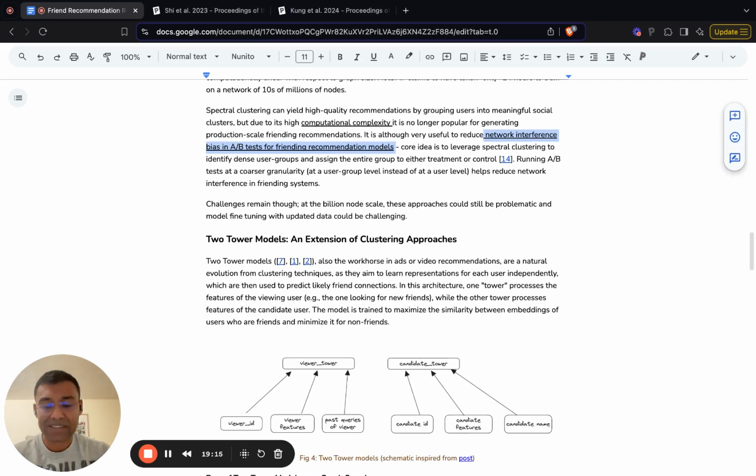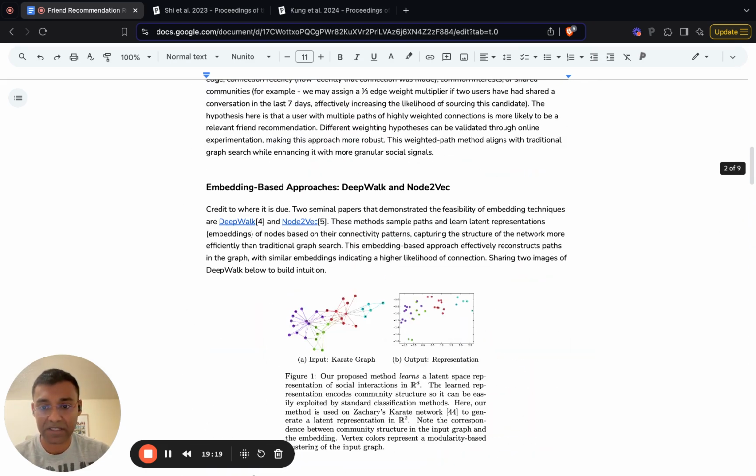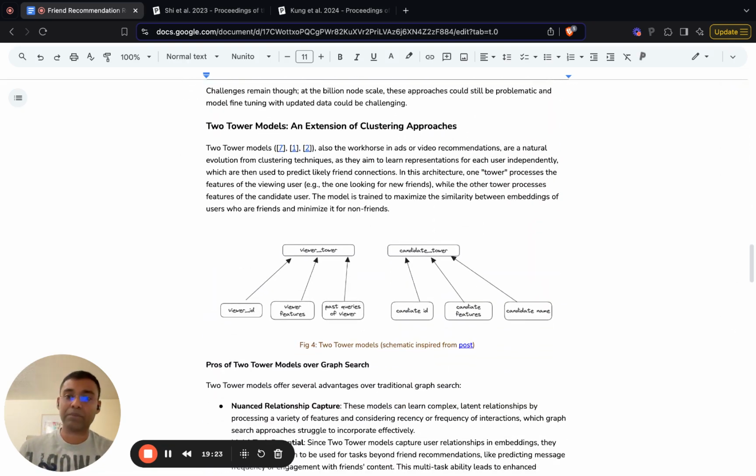Yeah, two-tower models. We'll continue with the embedding thread that we started in the DeepWalk and Node2Vec idea, but here we'll take some of the advances that are the cutting edge in content recommendations.